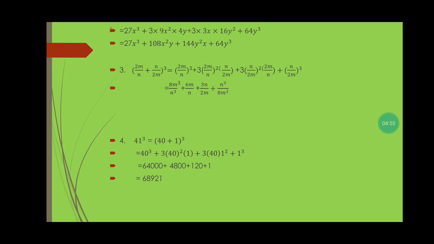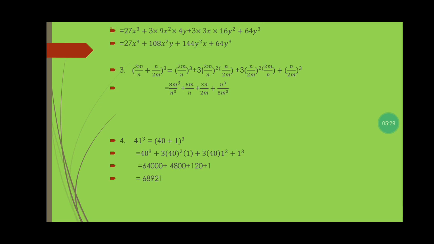So it will be 3 into (2m upon n) whole square into n upon 2m plus 3 into first term into second term whole square. So it will be 3 into 2m upon n into (n upon 2m) whole square plus (n upon 2m) whole cube. Now in the third term, the place of the fractions can be changed. Means 3 into 2 is also 6 and 2 into 3 is also 6. So you can interchange the places of the terms.